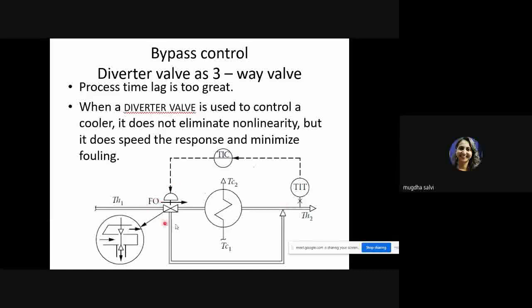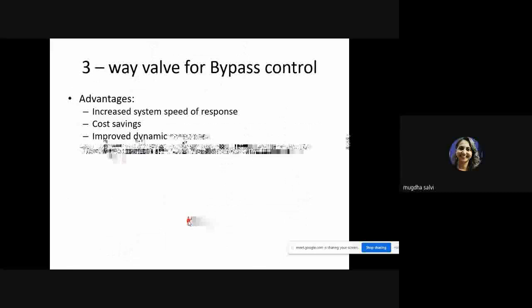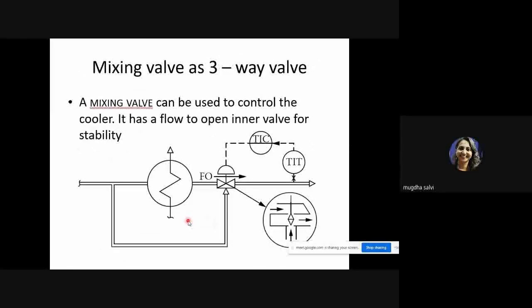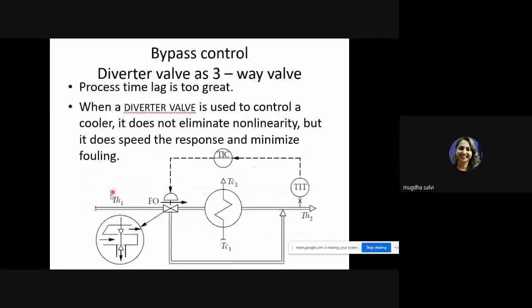So this three-way valve is being used either as a diverter valve in this particular situation, or it could be used as a mixing valve as in this situation. So let's see how it works actually. Now we have temperatures TH1, TC1, TC2, TH2.